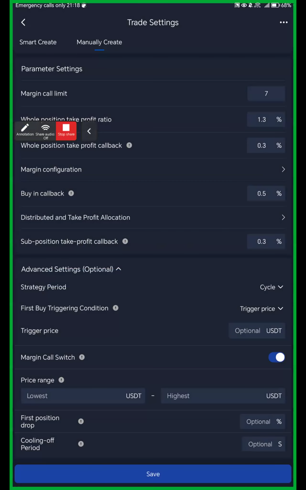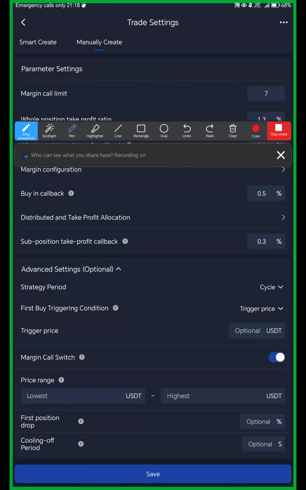When you tap here on trigger price, there is an arrow somewhere here, in this section. Here is first buy triggering condition. What is going to be the condition for the price to be triggered? So let's look here. There is a trigger price there.